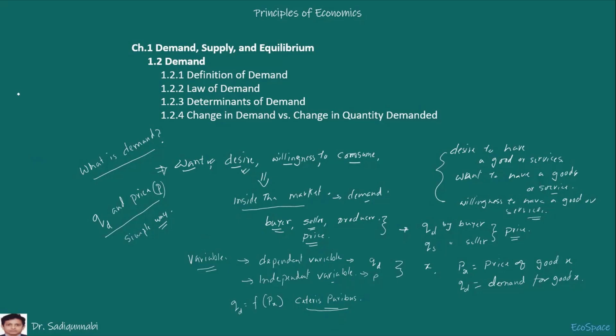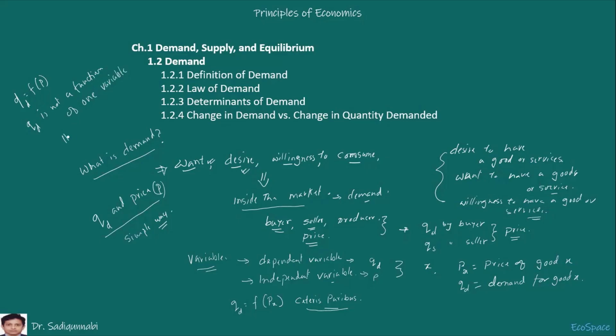Okay, so the main idea is, I can write it here. We say that QD is a function of price, and we close the bracket. But in reality, QD is not a function of one variable.